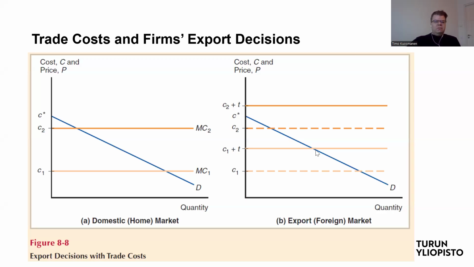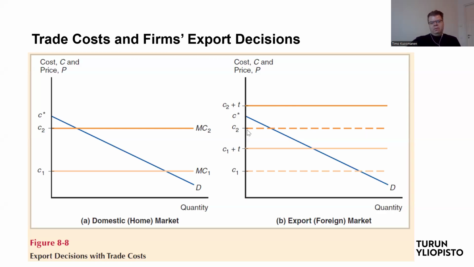However, the main point of this figure is that for company number two, which has the higher marginal cost in the domestic market, when we add the export cost, this marginal cost C2 plus trade cost t, so this supply curve in the export market is already at such a high level that it is prohibitively expensive for the second company to export.